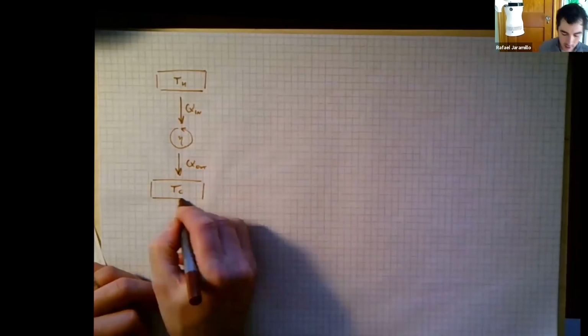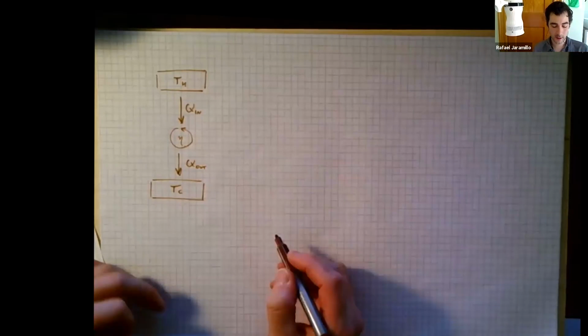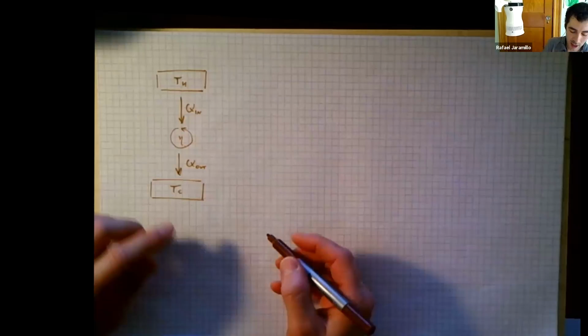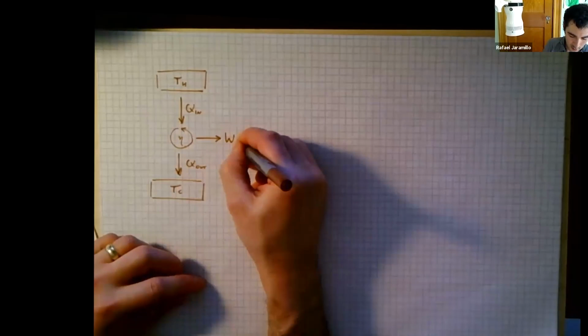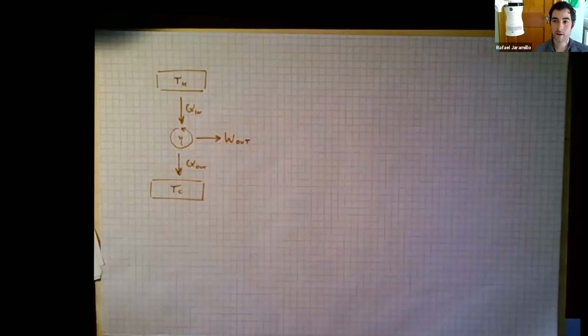So heat received, heat rejected. And each cycle, it performs some amount of work on the surroundings.